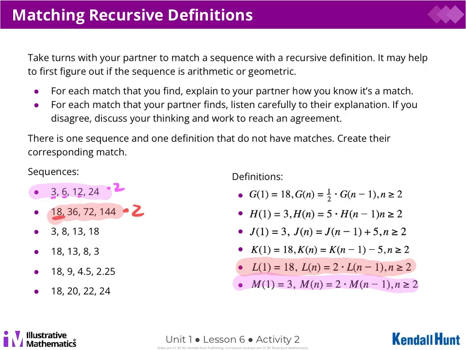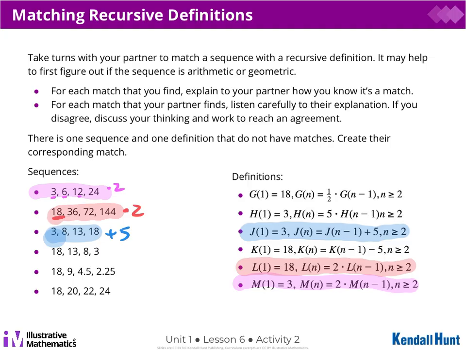Okay? So what we want you to see is the most important thing here is our first term and our change, which is +5 for the third one. 3 plus 5. Which one? 3 plus 5. This one goes with J. So this one goes with J because the change is +5.